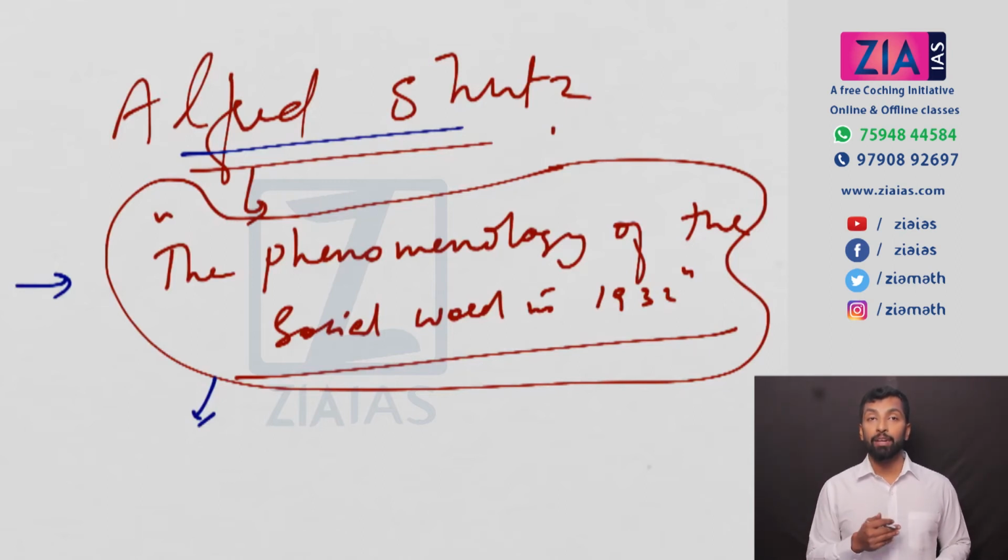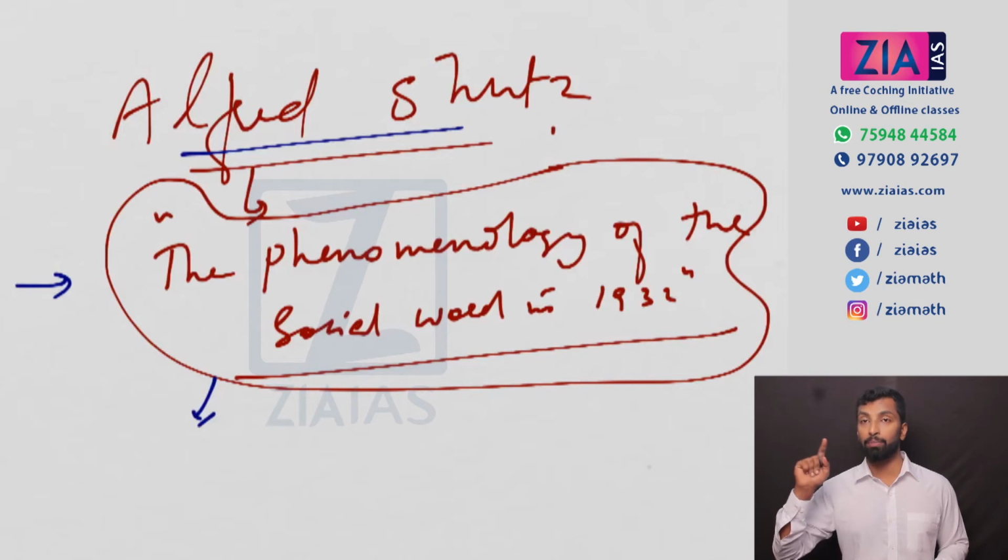According to this perspective, there is no objective reality beyond these subjective meanings. Okay, so everything is related to the subjective meanings which are there in the minds of individuals. And you can say phenomenology is basically a subjective understanding of subjective reality. So the reality for phenomenologists is subjective, and the understanding or study is also subjective. If you see positivism, that is an objective understanding of objective reality.